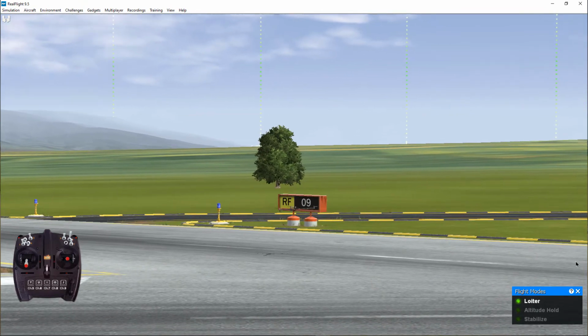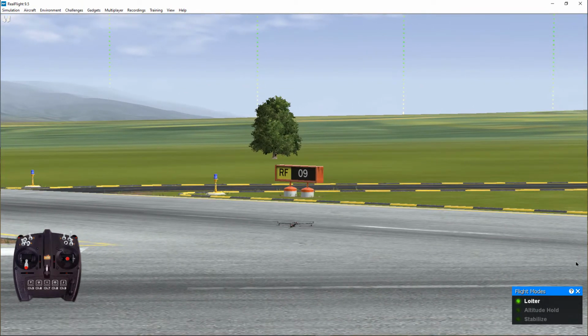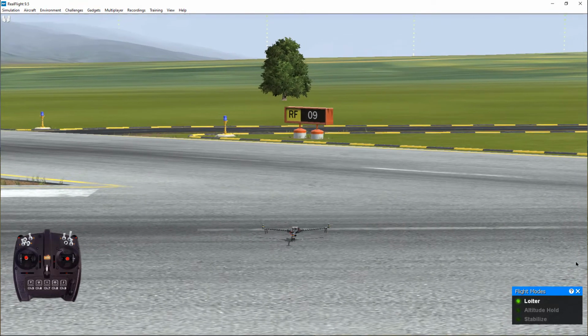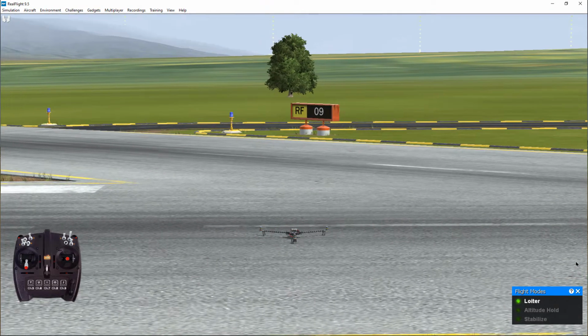So the goal here is not any particular training pattern or training rules. The goal is to teach you right-hand dominance. So we'll go up 5 feet, and you'll notice that the throttle between 0 and 50% does not lift the aircraft. And that's normal in most commercial aircraft, although DJI has some exceptions.